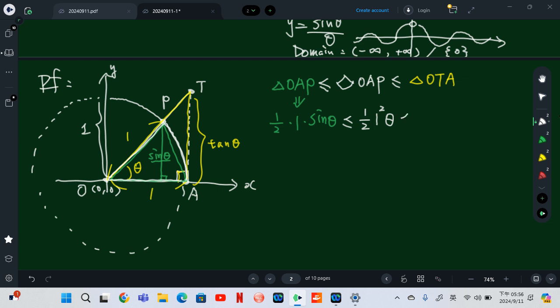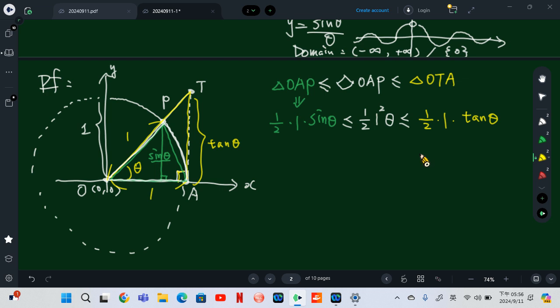Then the largest one is the yellow part. It will be 1/2 times base 1 times tangent theta, right? So please take a look at this shape, then make its area for each part, then you can get this one.